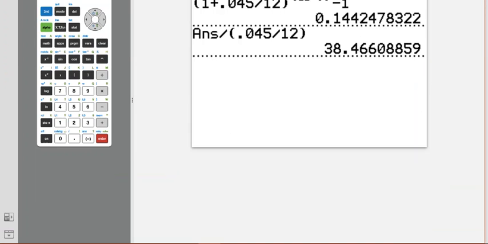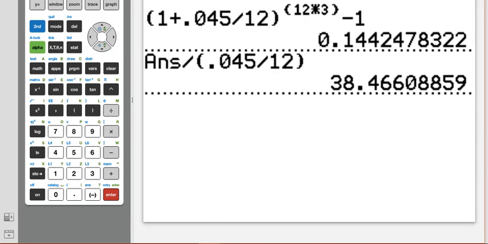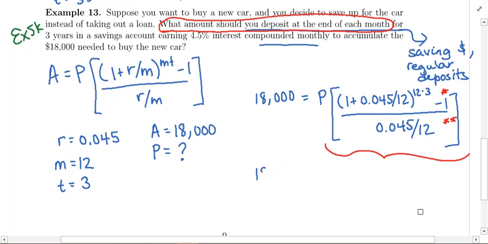Okay, all right, so this is telling us that 18,000 is equal to P times, we just figured out that the quantity in brackets is 38.46608859.